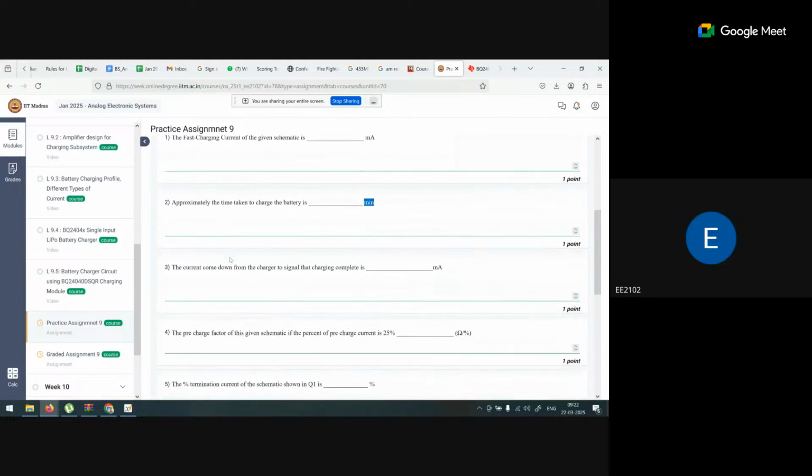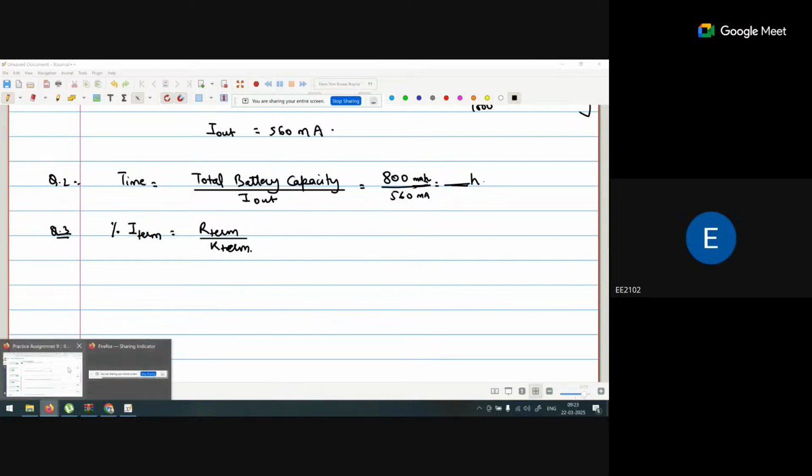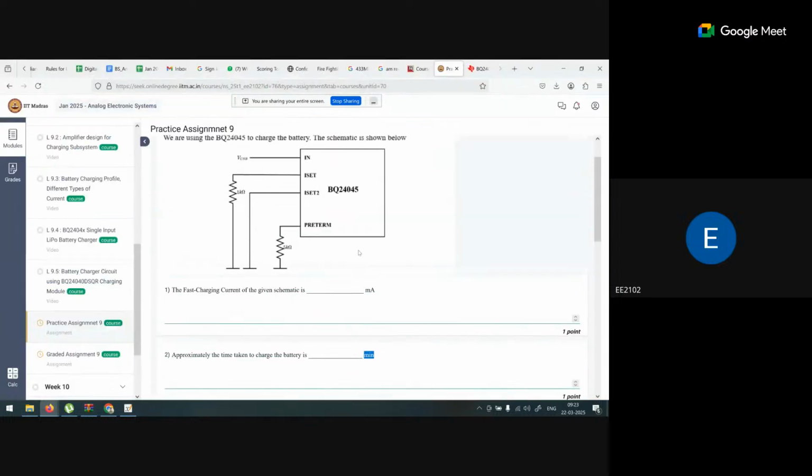Now, the current at which the charger signals that charging is complete, in milliampere. The formula for this is percent I term equal to R term upon K term, because it is called the termination.